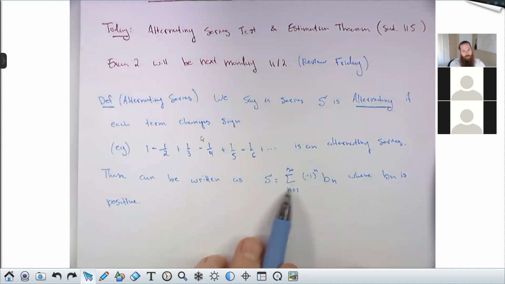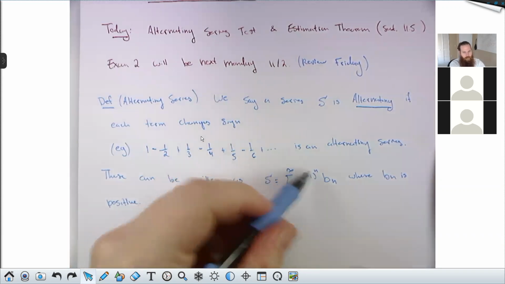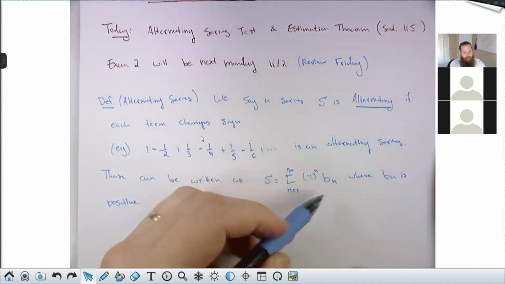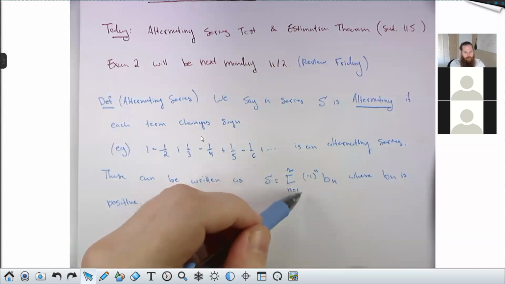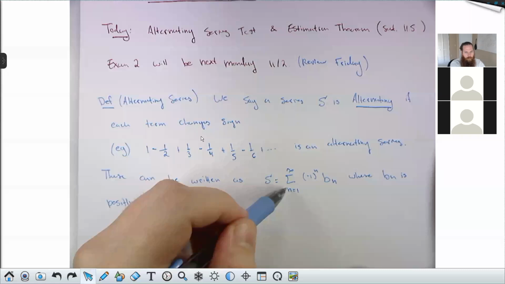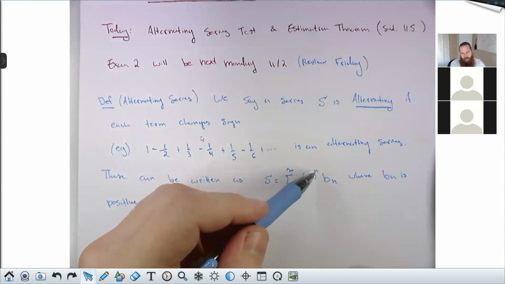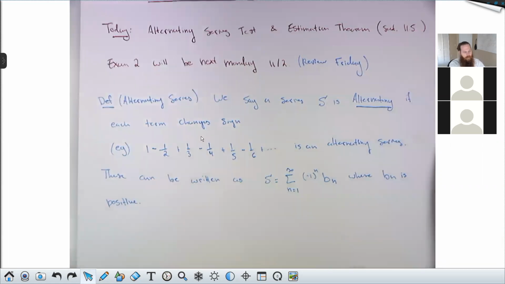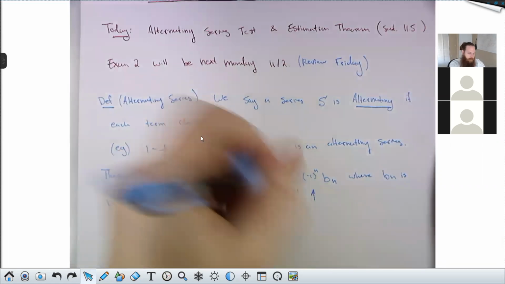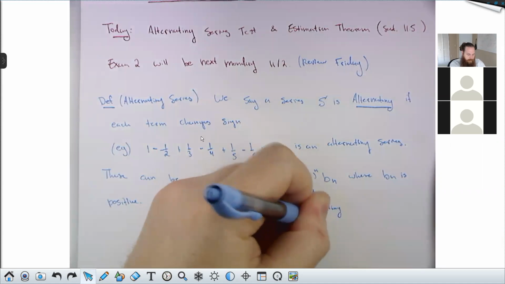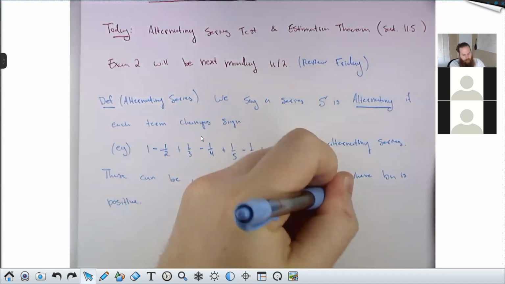Sometimes this will be a 0 instead of 1. But it'll always be a power of -1, or something that makes the thing alternate, times the non-alternating piece. The sum doesn't need to start at 1. It could start at 0 or at 3 or at 10. It could start anywhere. I don't care what this number at the bottom is. And again, the power of -1 could be -1 to the n, could be -1 to the n plus 1, or -1 to the n minus 1. This is the piece that alternates. And then there's a positive piece.